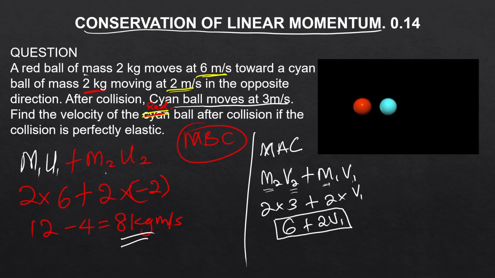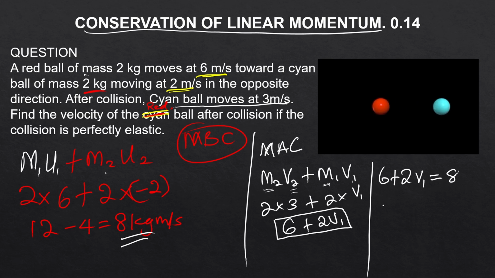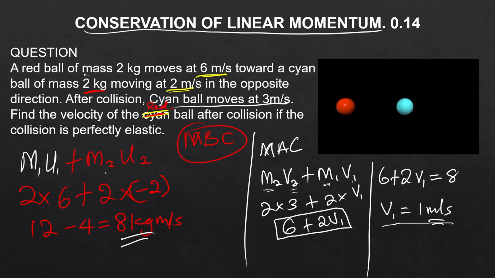So this is going to be 6 plus 2v1, which is the momentum after collision. Now, what does the law of conservation say? It says the two of them must be the same. Therefore, 6 plus 2v1 must be equal to 8. Therefore, v1 is going to be 1 meter per second. This simply means that the velocity of the red ball reduces after the collision, because it is now 1 meter per second.